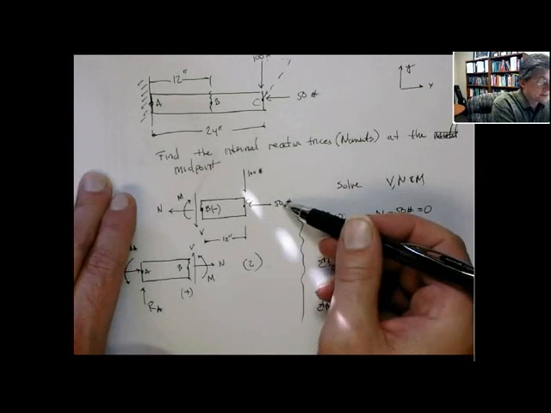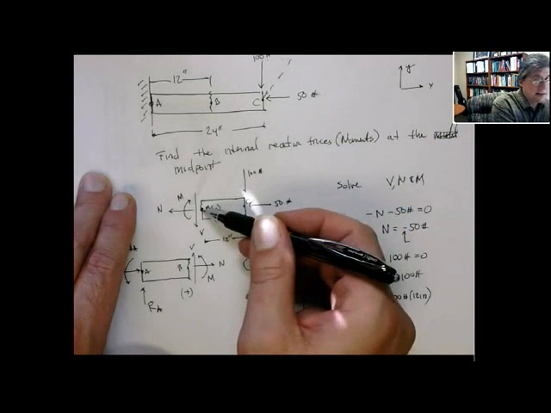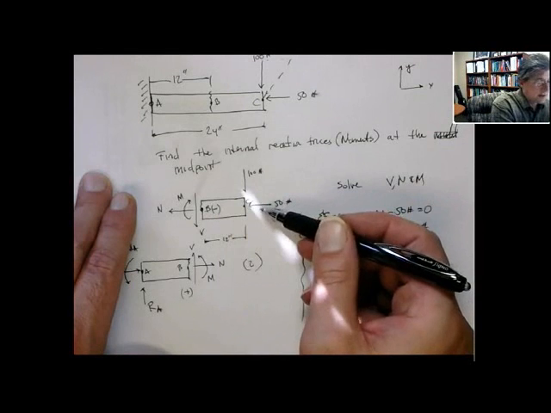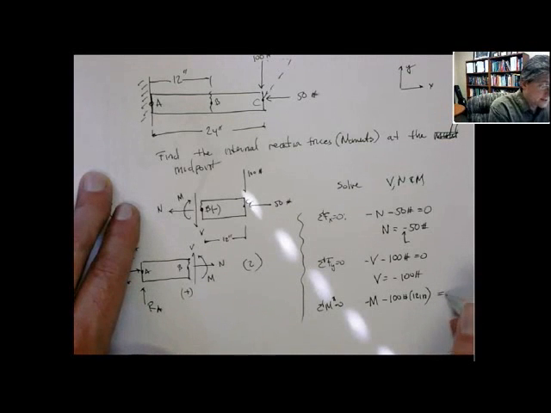This 50-pound force is in line with B, so its moment arm is 0. If it were offset some distance, there would be a moment, but it's not. So that's all you have. That's equal to 0. So again, this is going to give you the internal reaction moment at point B equal to minus 1,200 pound-inches.